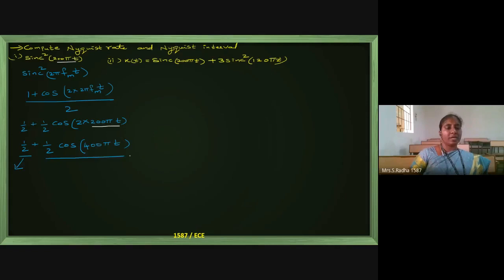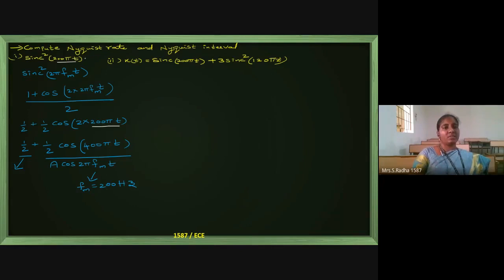From the second term I have to calculate the angle, and you compare this with A, the amplitude, cos 2 pi fm into t. So the maximum frequency fm value is nothing but 200 hertz. Now the units are hertz. I believe you understood, because this is the general format.